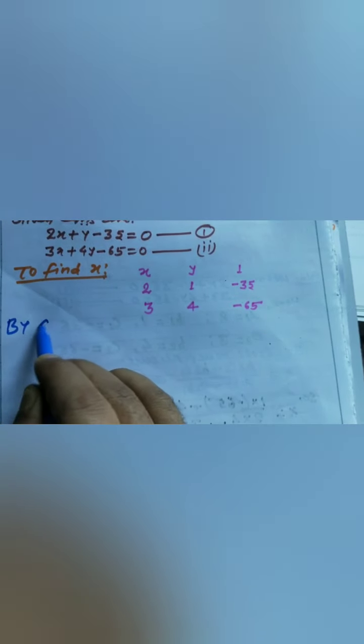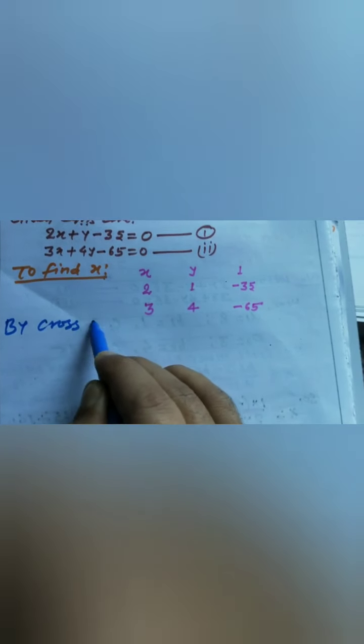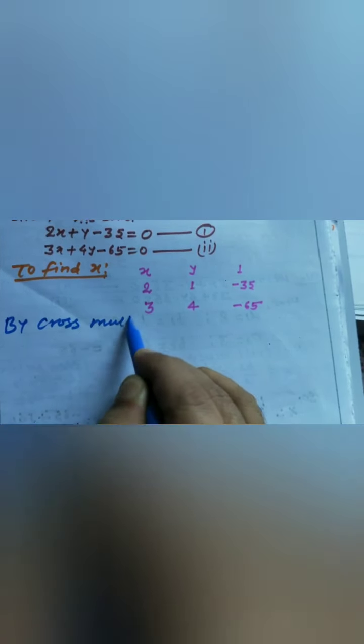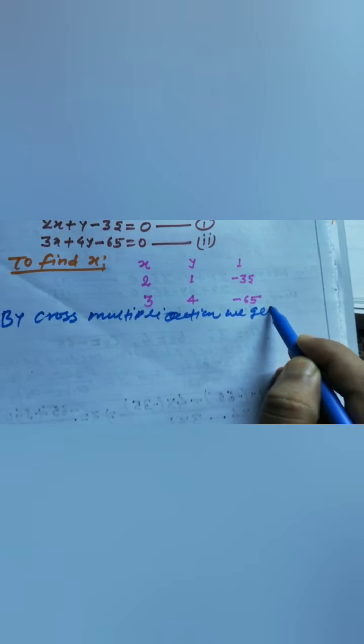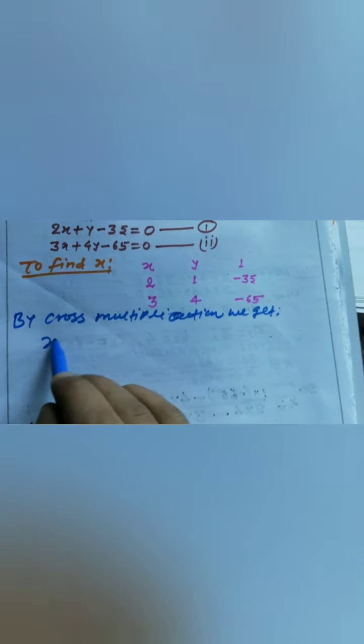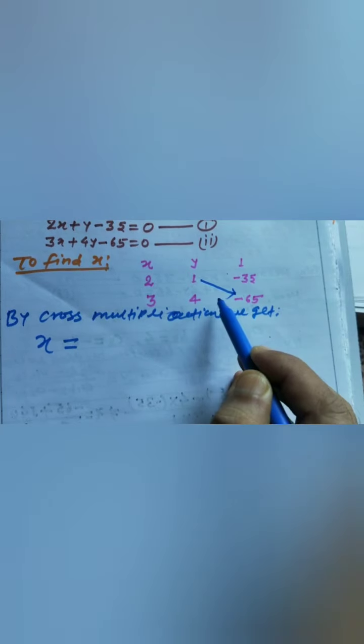Now by cross multiplication, we get the value of x will be equal to, now you have to multiply like that.